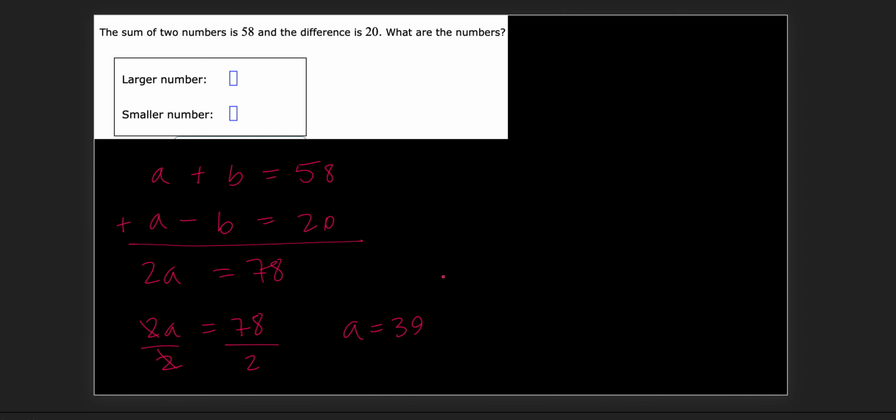Now I can find B by plugging in A into either equation. I'll use the bottom, so I know A is 39, and I've got to find B. So I need B to be positive, like A is. So I'm actually going to add B to both sides.